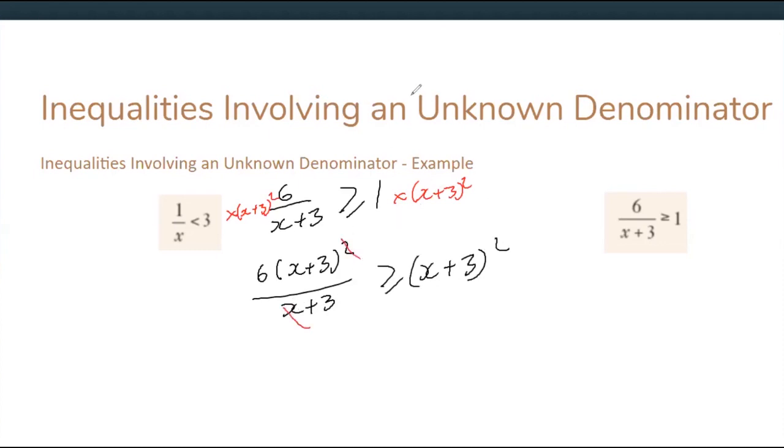So that cancels for that. And so we're left with 6x plus 18, which is greater than or equal to x squared plus 6x plus 9. So I've just expanded that out.